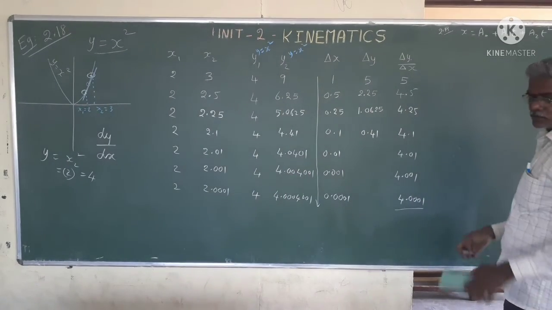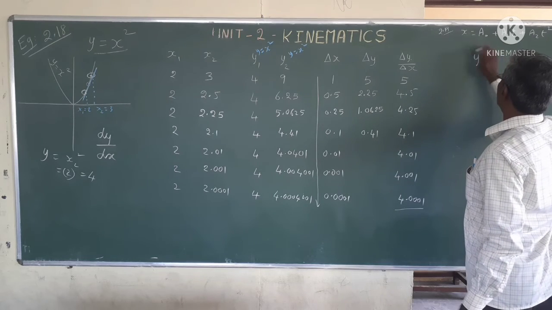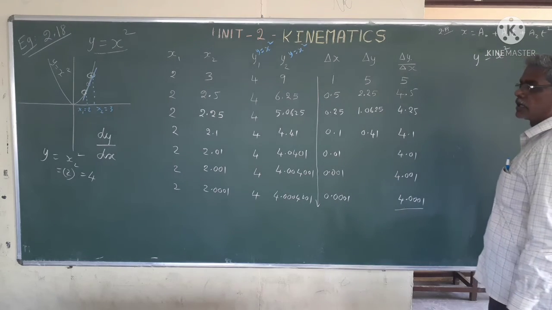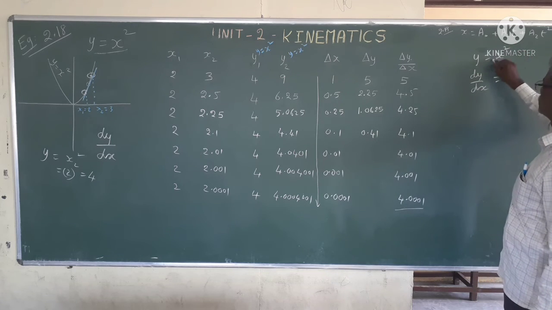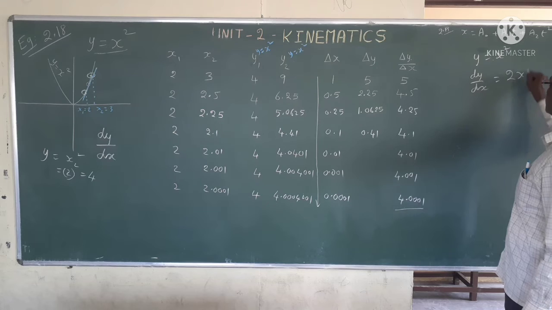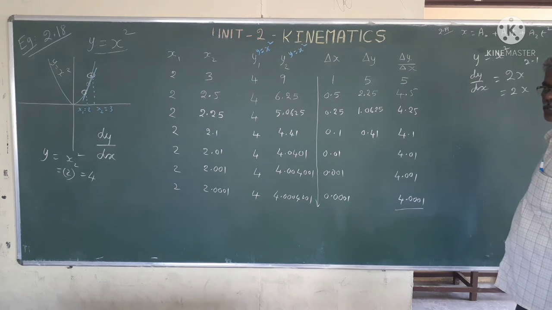Now in general, if I want to differentiate y equal to x square, how can I write it? dy by dx is equal to 2x to the power 2 minus 1, so I can write 2 into x.